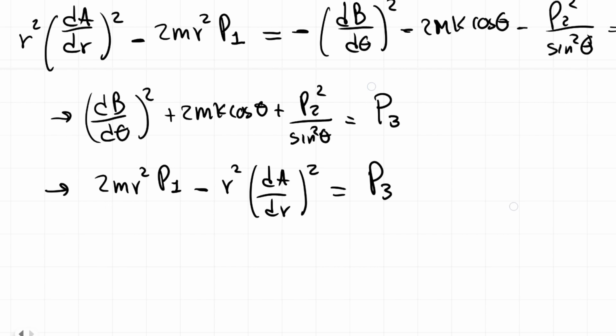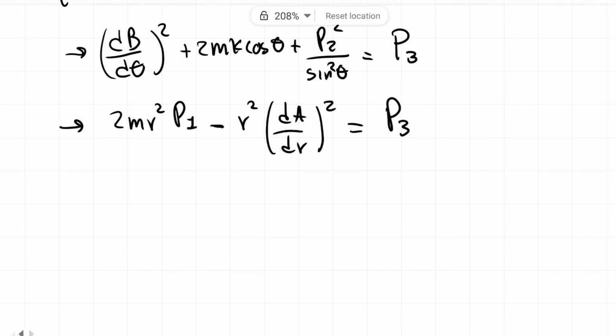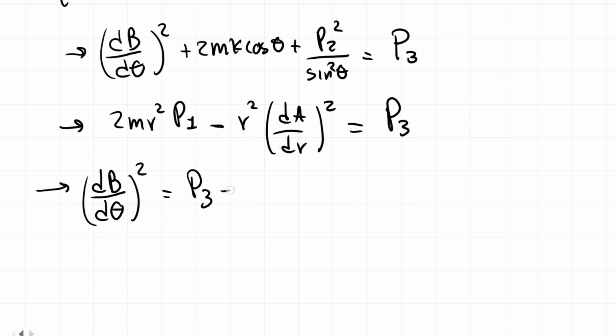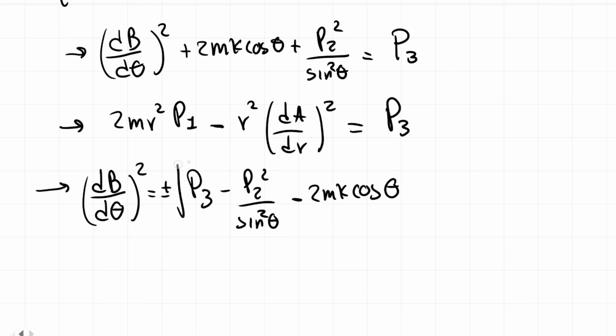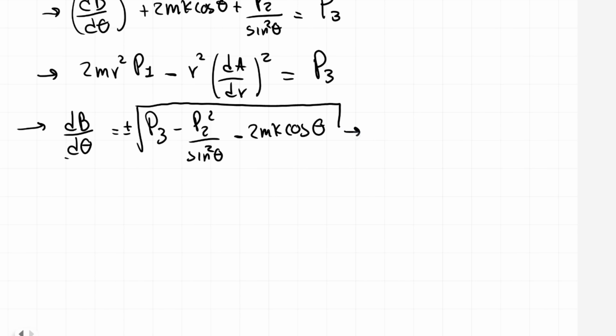Okay, so we can solve these equations to get b and a in terms of their variables. For example, for the first equation, we will get that the derivative of v with respect to theta squared is going to be p3 minus p2 squared over sine squared theta minus 2mk cosine theta, and we can take plus or minus the square root of this to cancel the square. Then you can easily see that b is going to be the integral.